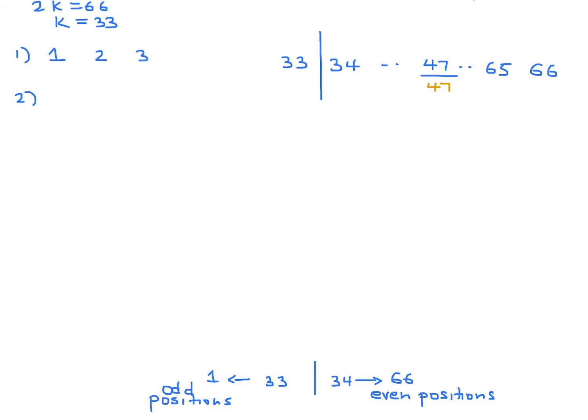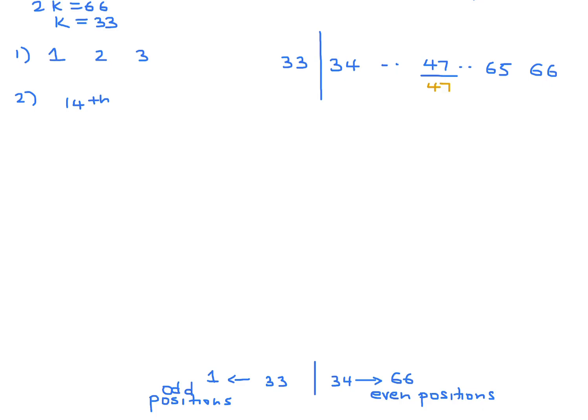Okay? So where does the 47 go? Well, count. Where is 47 in here? It's 34, 35, 36, 37, 38, 39, 40, 41, 42, 43, 44, 45, 46, 47. It is the 14th number in this half.